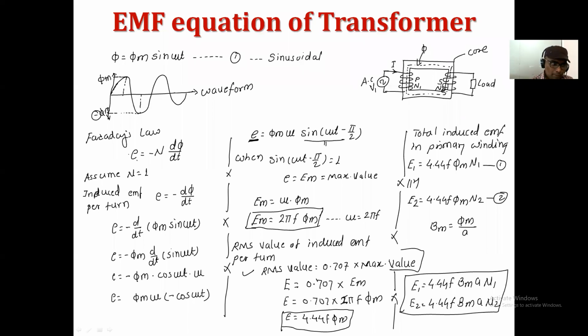बघा, आपण फॅरेडेच्या लॉ पासून आपण चालू केलो. E is equal to minus d phi by dt. पहिल्यांदा आपण n is equal to 1 पुटअप करून फक्त एका टर्न साठी RMS व्हॅल्यू मिळवली आणि पुन्हा त्यानंतर टोटल RMS व्हॅल्यू मिळाली. पण त्यापूर्वी आपल्याला हे अल्टरनेटिंग इक्वेशन माहित असणं गरजेचं आहे.